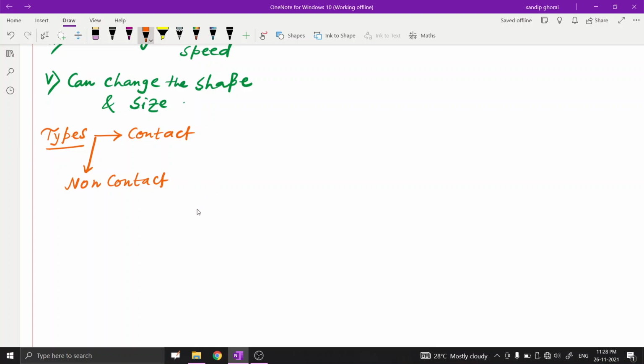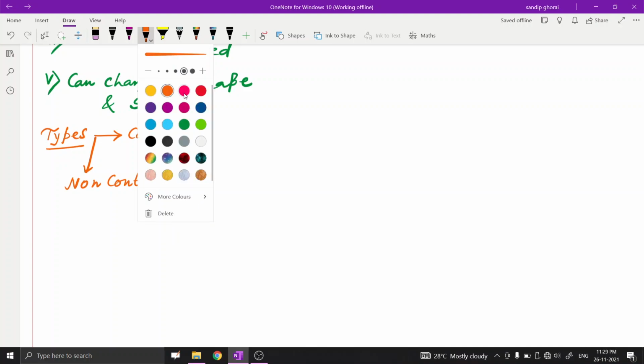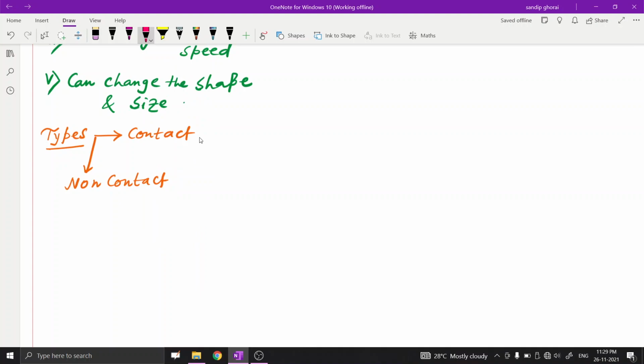There are several contact forces. For example, the first one is muscular, the second one is frictional, and so on. For non-contact forces we take different forces like magnetic force and gravitational force.